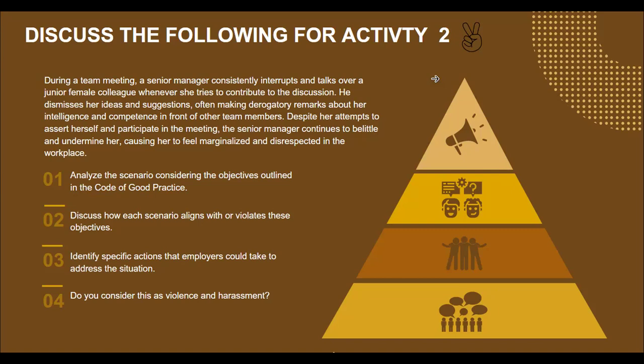Do I consider this violence and harassment? I would say it is discrimination and harassment. So how can this be addressed? I would say that leadership needs to show commitment.